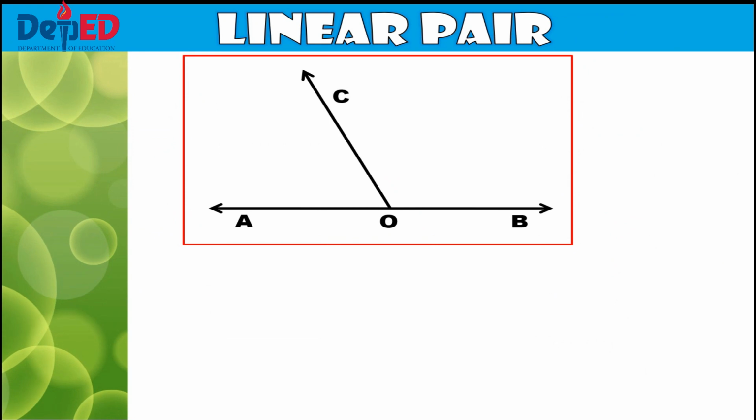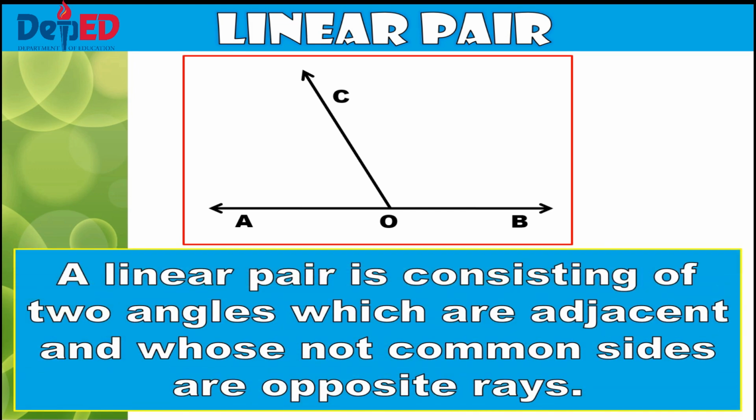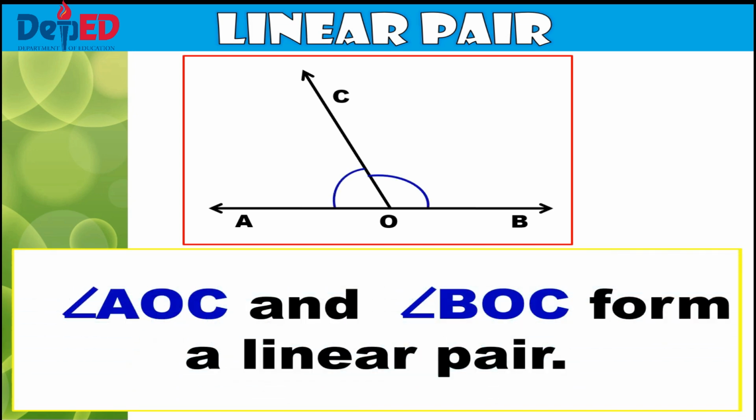And now let us have linear pair. A linear pair is consisting of two angles which are adjacent and whose not common sides are opposite rays. In our figure, angle AOC and angle BOC form a linear pair.